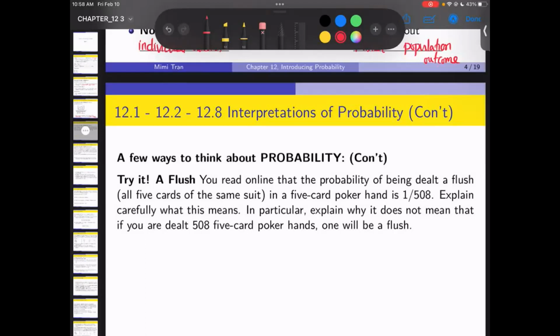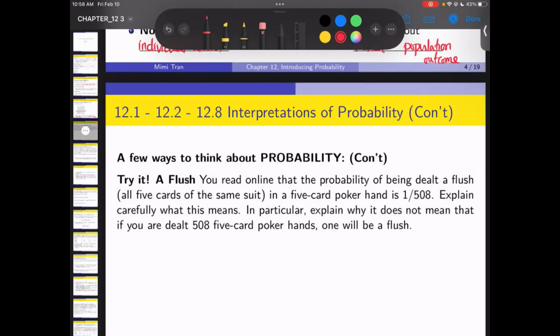It means in the long run, in a large number of five-card poker hands, the fraction in which you will be dealt a flush is 1 out of 508, right? Long run.